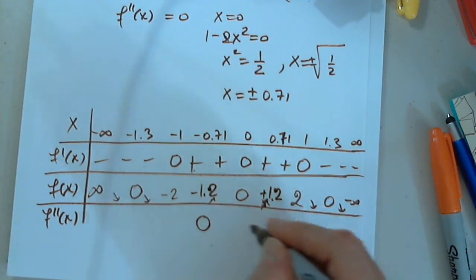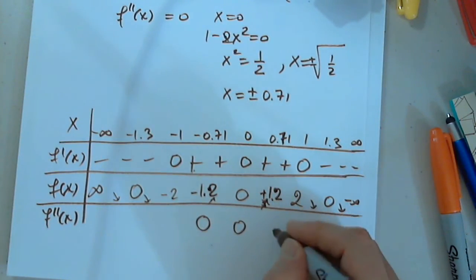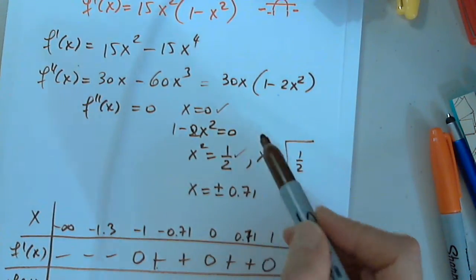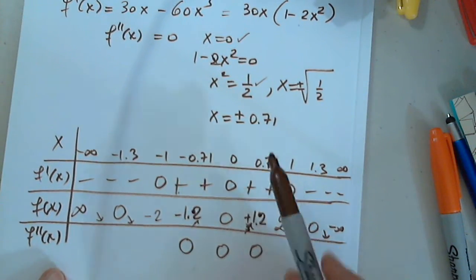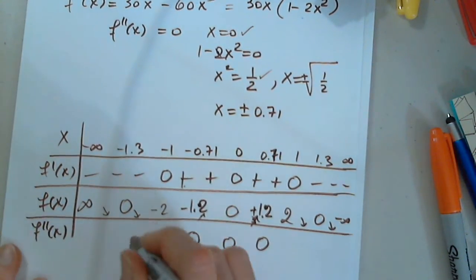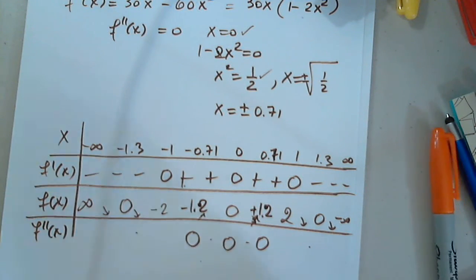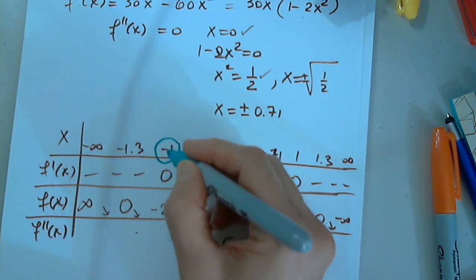So here this was 0, here was 0, and here was 0, because I had x equals 0 and x equals plus or minus 0.71 for the second derivative. Now I need to finally study the sign of the second derivative. Before that, I don't want to forget, what type of point is this?